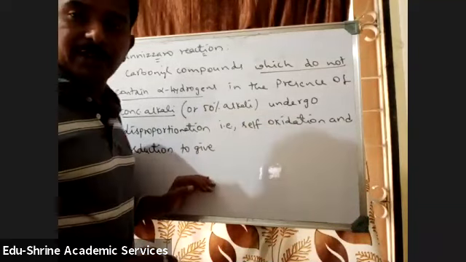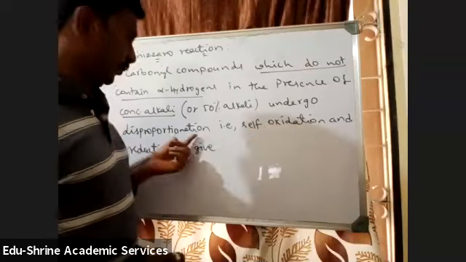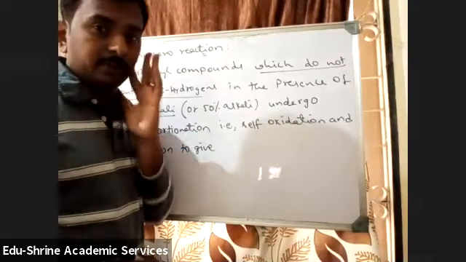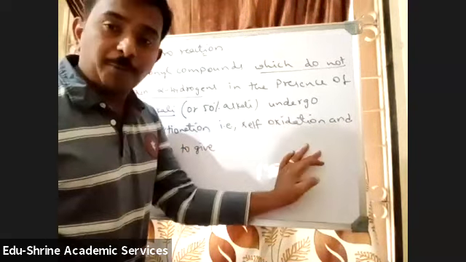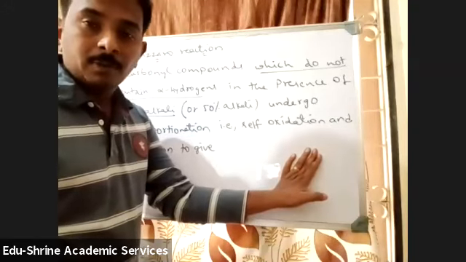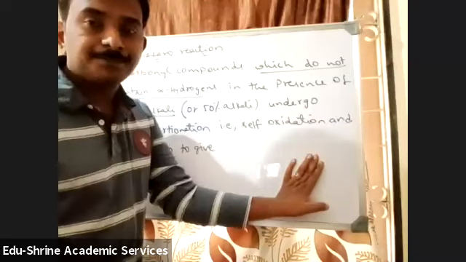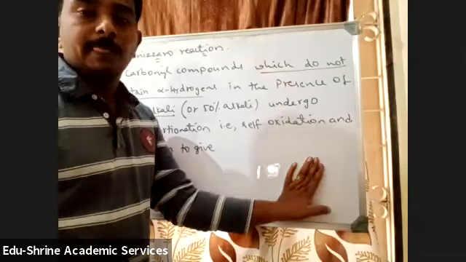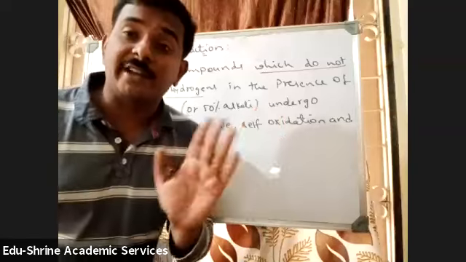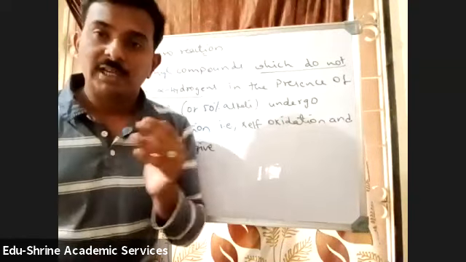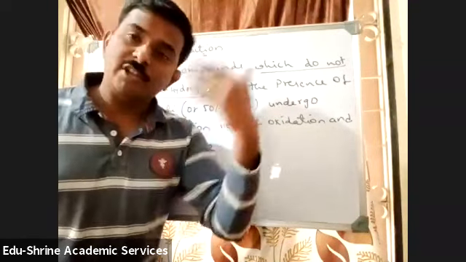If I take aldehyde, students, we say it is disproportionation, that is oxidation and reduction. When aldehydes undergo oxidation, what product will we get? Aldehydes on oxidation give carboxylic acids. If it is reduction, we get alcohols; if it is oxidation, we get acids.